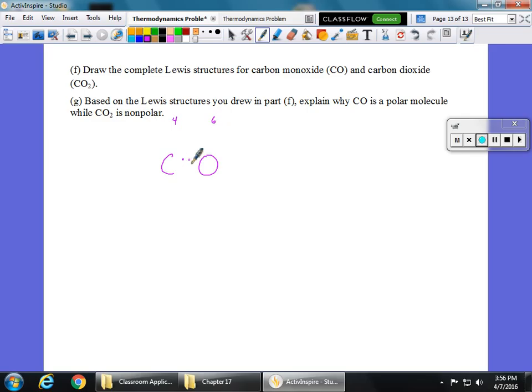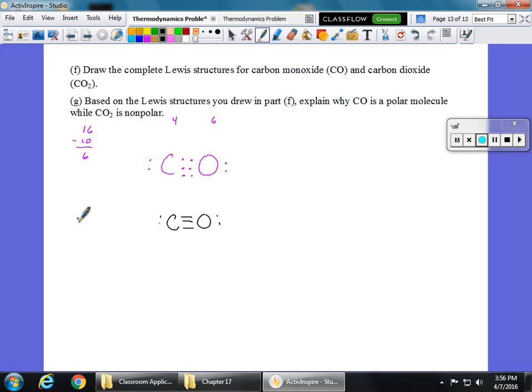We've got 10 electrons. Our total need is 16. We have 10, which means you have to share 6. Give everybody their octet, and we're going to be left with this structure. So this should be properly written C triple bond O. There's only one way to put that together, and each gets a lone pair.